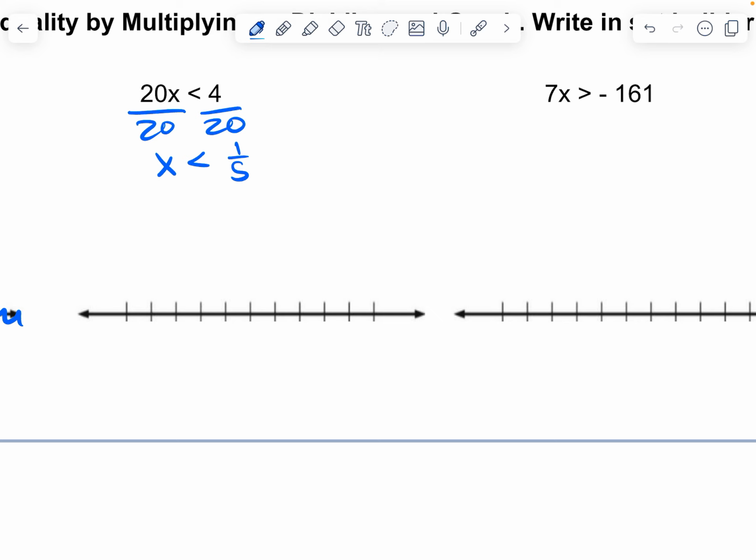Move 0 over a little bit. Put 0 here and 1/5, 2/5, 3/5, 4/5, 1. Negative 1/5, negative 2/5, negative 3/5, negative 4/5, and negative 1. So I do an open dot at 1/5 and less than.